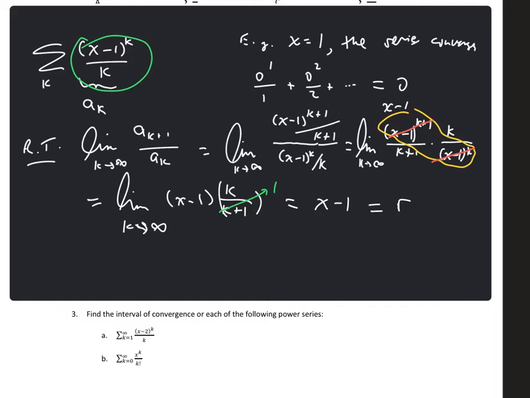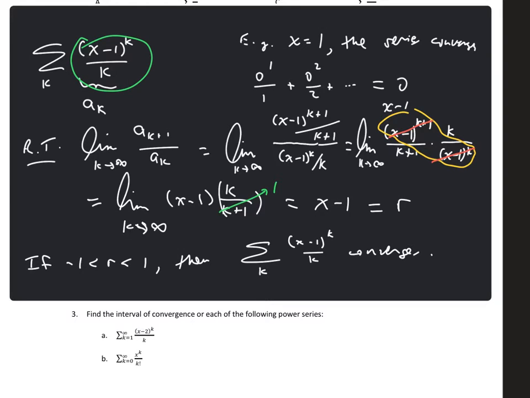So remember that the ratio test says if r is less than 1, and I'm actually going to update that. The ratio test that we did was only applied to positive series, and like I said at the outset, these series may not be positive. So the more general statement about the ratio test is that if the r is between minus 1 and 1, then the original series converges.